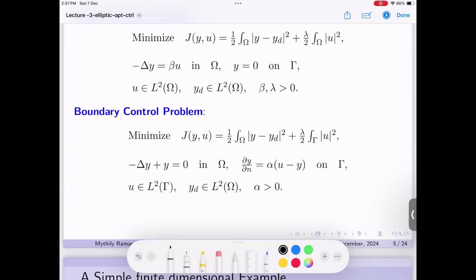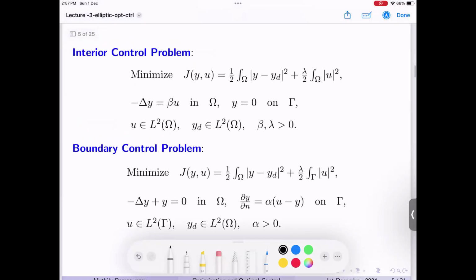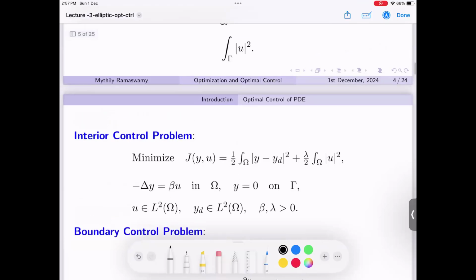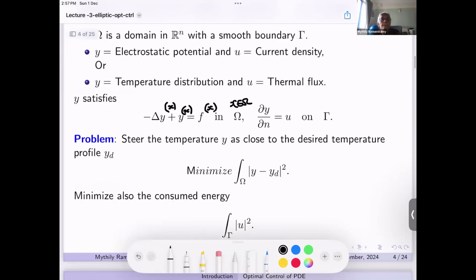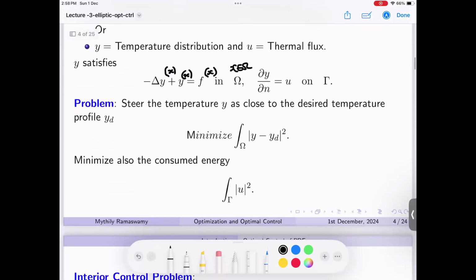Someone asks why the functional is modified in this particular way, and also why we take the L2 norm. Is there any specific reason to use this norm?